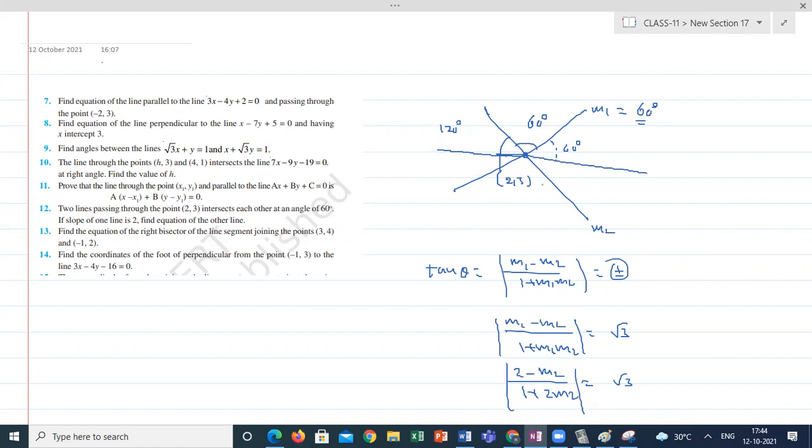Sir, 2 minus M2 by 1 plus 2 M2 is equal to plus or minus √3, and solve for the M2 value.